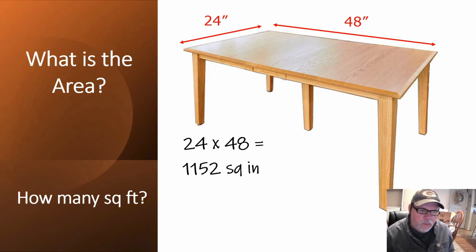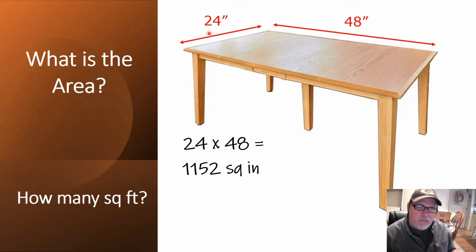All right, so how many square feet would it be? Here, you got 24 inches. How many feet is that? You could probably do it in your head, but if you didn't know, you just know, well, the unit I'm wanting to convert it to is 12 inches in a foot.